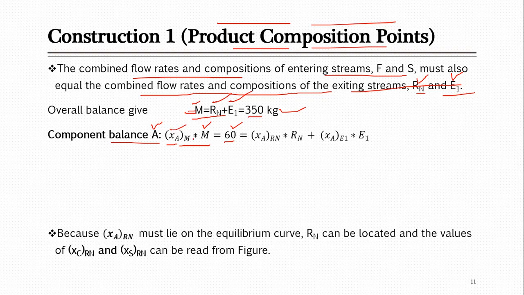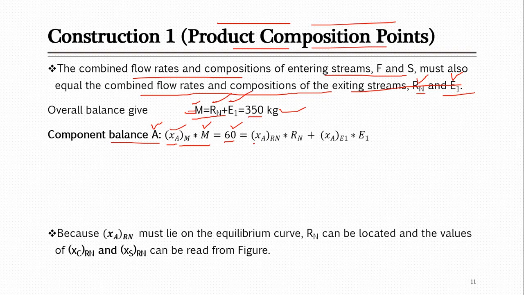This XAM, you have calculated the mass fraction of that same component A in the mixture, and you know the total amount of M is 350, so just apply that mass fraction with M and you will get this 60.